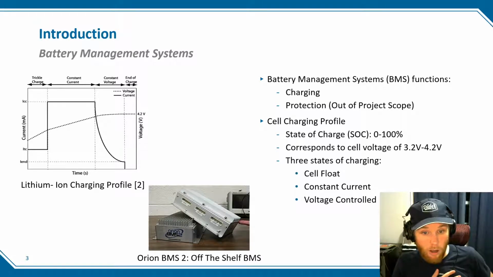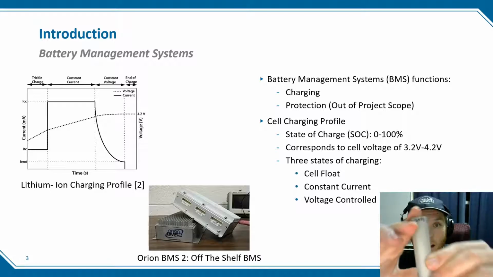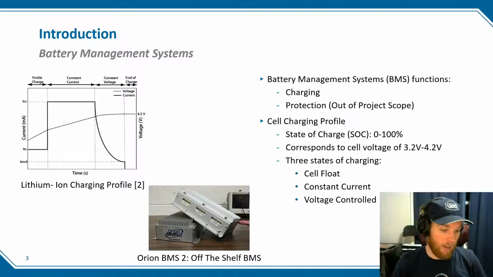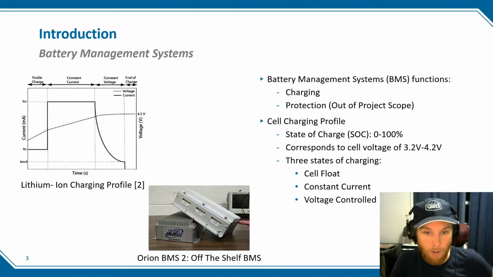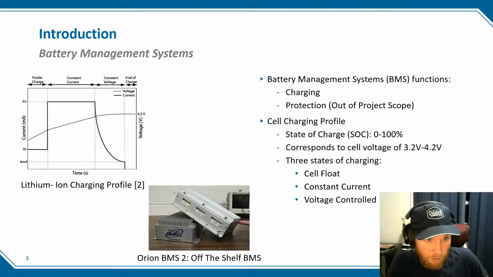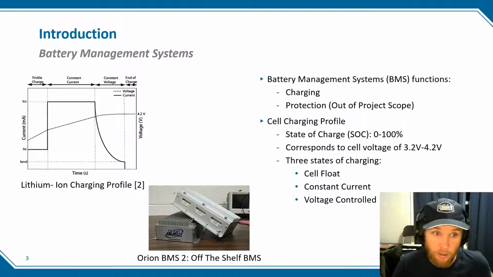A lithium-ion cell, as you can see right here, is actually just a chemical reaction held in a metal cylinder. Depending on how much current and voltage you put across the cells, you could really upset them, damage their lifetime and longevity, or even cause a fire. So you need to make sure that you're following this lithium charging profile pretty specifically.